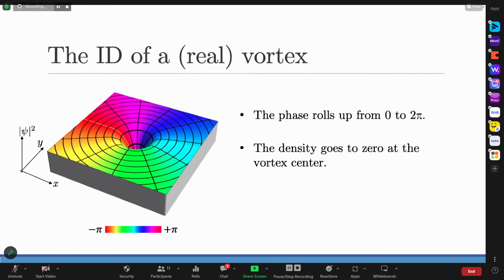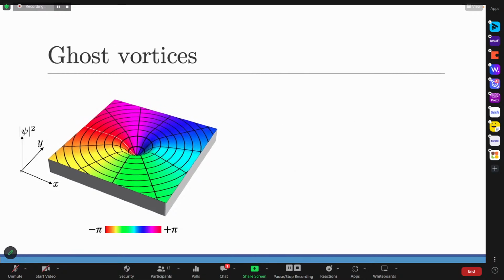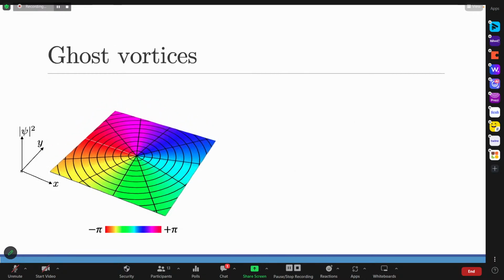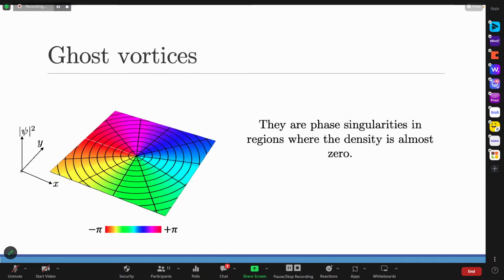This is a typical vortex. The ghost vortex is the following. It's a very particular phase defect where the phase singularity falls in a region where the density is almost 0. This is the definition of a ghost vortex, and this is the topic of my talk.